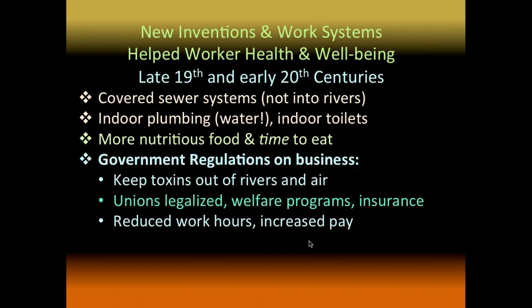And government regulations on businesses also improved situations. So the EPA, the Environmental Protection Agency, was established to help keep toxins out of rivers and air so that people could breathe clean air and could drink clean water that wasn't filled with toxic, disgusting waste.